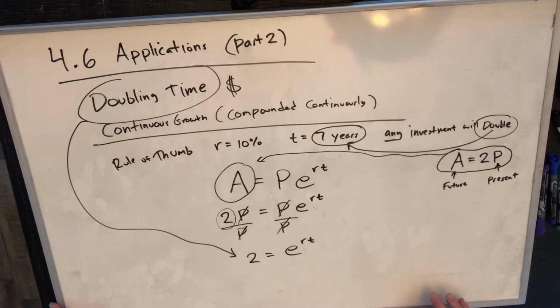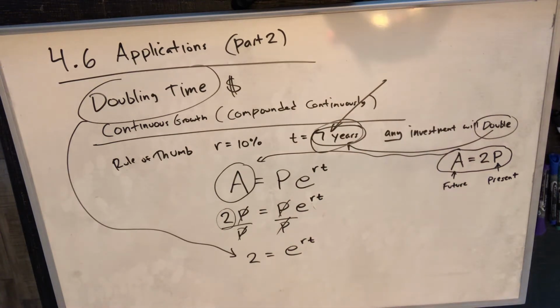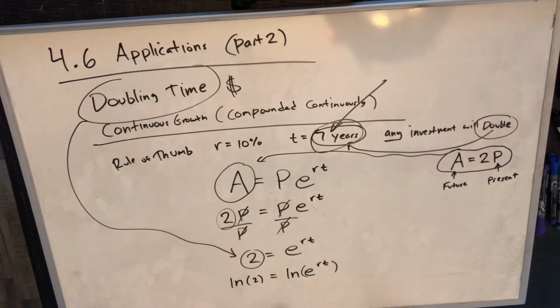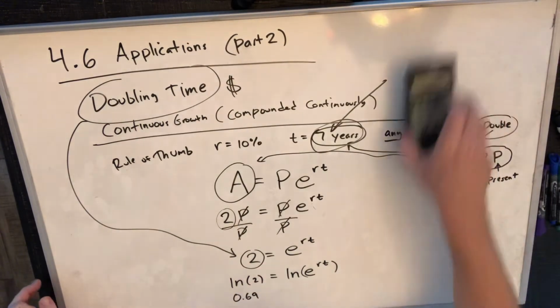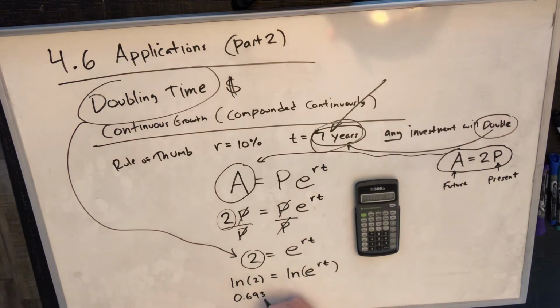Okay, and then why 7? Why does it come out to be 7? Well, it's just a fact of the number 2. When you take the ln of 2, you're going to get 0.69. ln of 2 is 0.693147, etc. The logarithm and the exponential are going to cancel out.